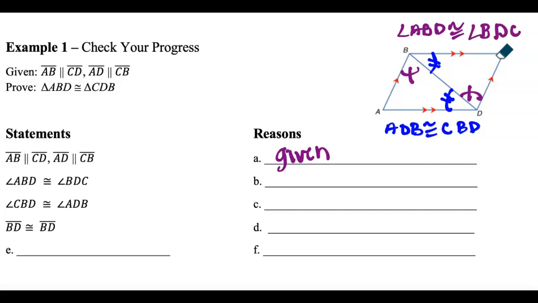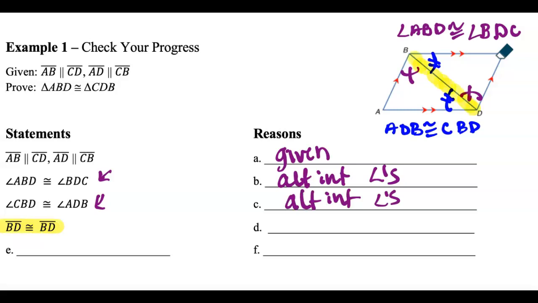All right, well, we can see that right here, that is given. So our reasoning has to be that they are alternate interior angles. So they'll be the same for both of them. All right, the next statement that they give us, that BD is BD, well, sure enough, that's the same line. And again, we've seen this before, that this is reflexive.